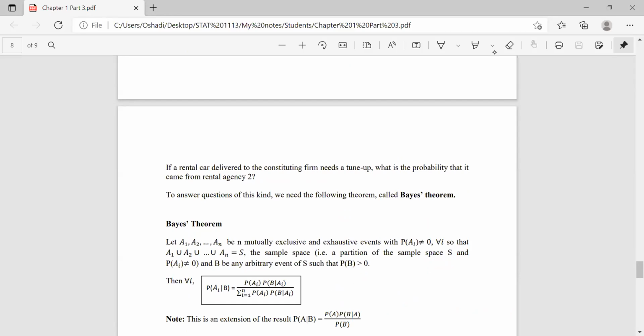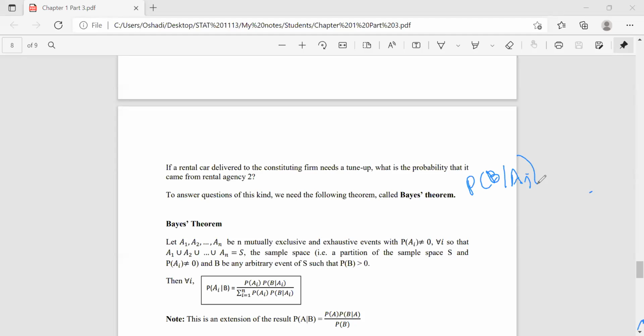In the earlier case, they provided the information P(B given Ai), right?